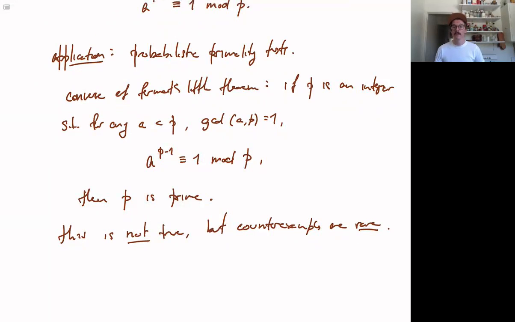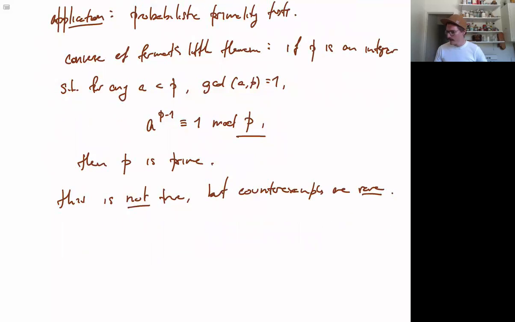If it is, then your number is probably prime. And if you check a bunch of these A's, you get more and more confident. And the fact is that this statement is not true, so there are integers P that will satisfy this test but still are not prime. But they're very rare.